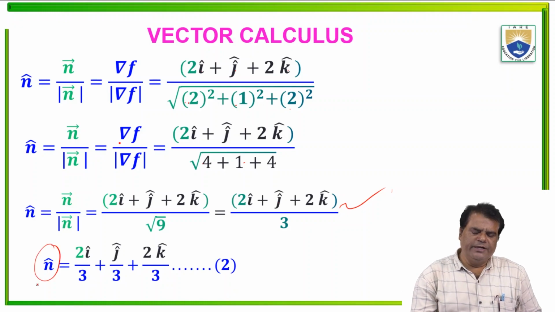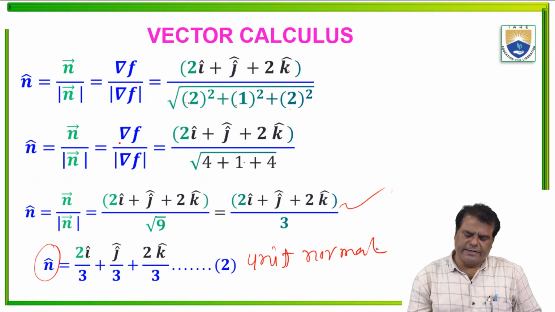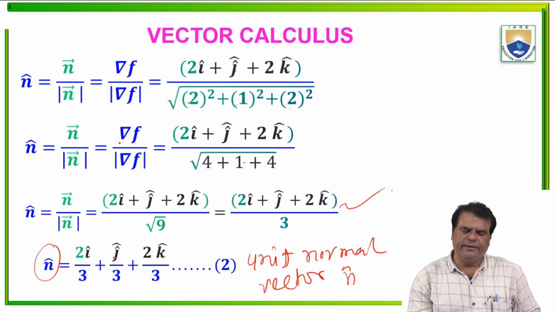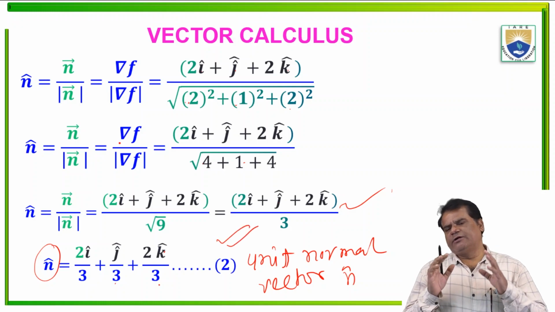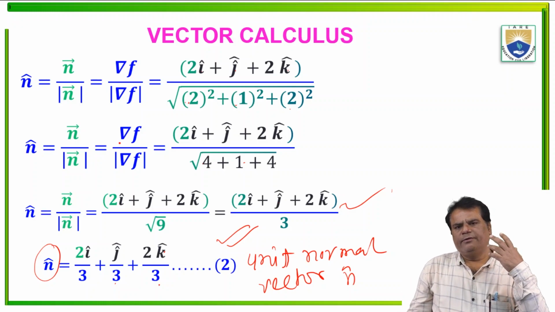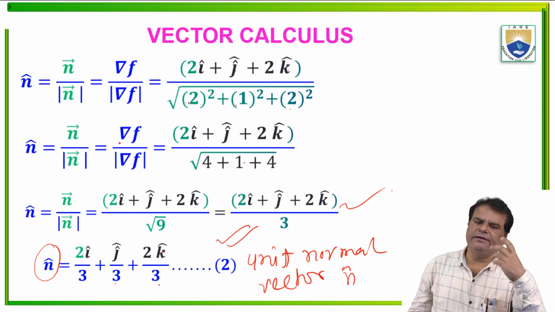So now the unit normal vector, this n cap, is equal to 2i by 3 plus j by 3 plus 2k by 3. This is equation 2. First of all, in our question a surface is given, and then we find a vector which is normal to the given surface.